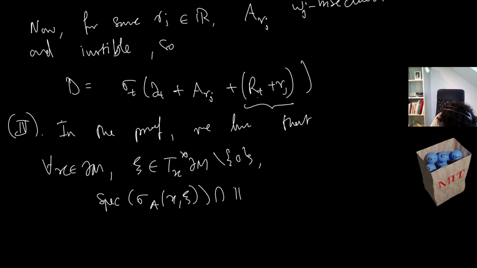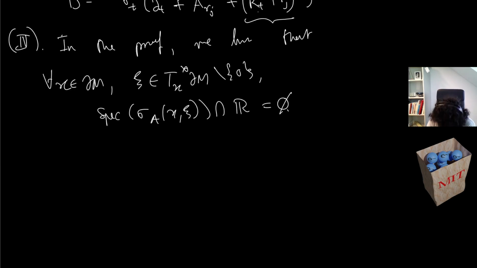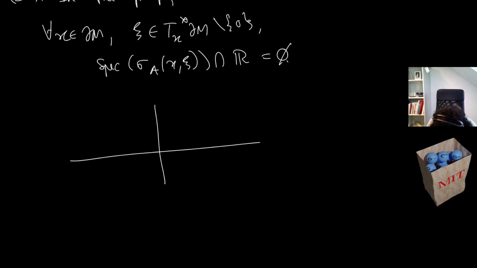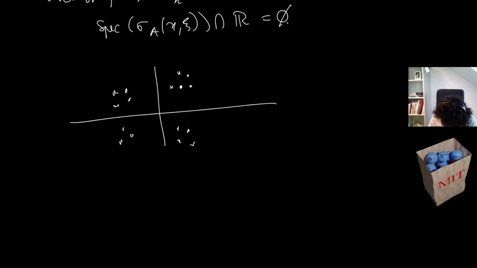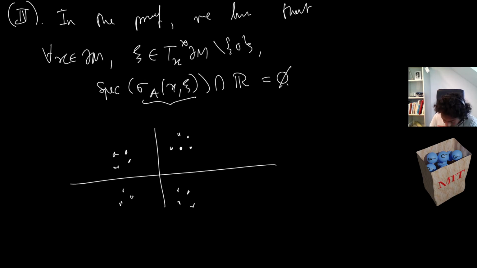So what's that saying? That's saying that the spectrum of such an operator is always staying away from the real line, right? Well, this is a finite dimensional object. This is an endomorphism from E_x to E_x. This is just a matrix, so the spectrum is always finite here.